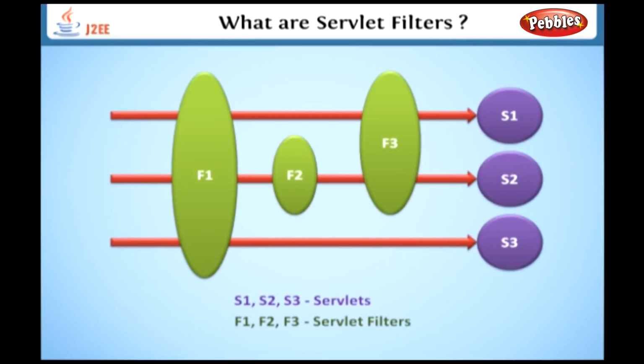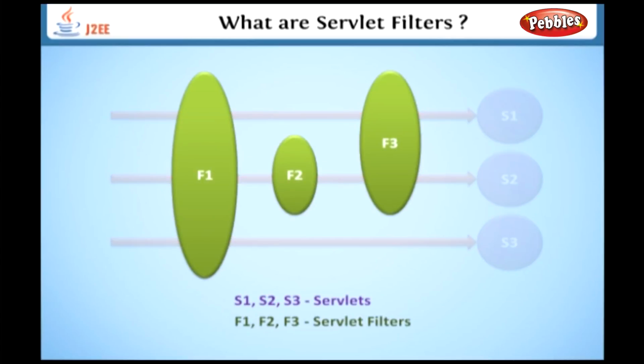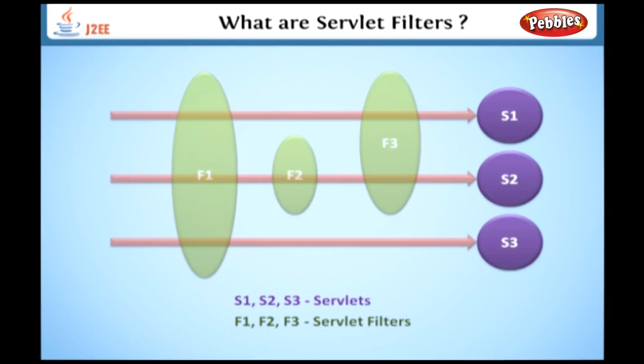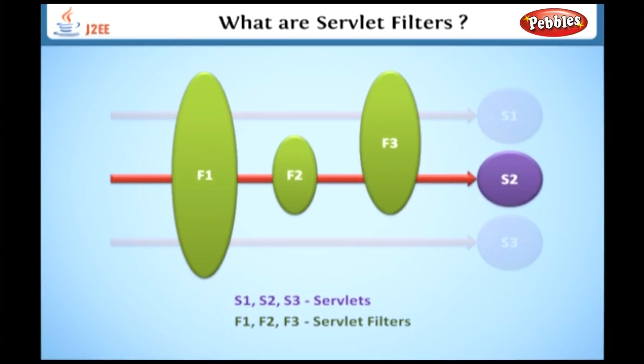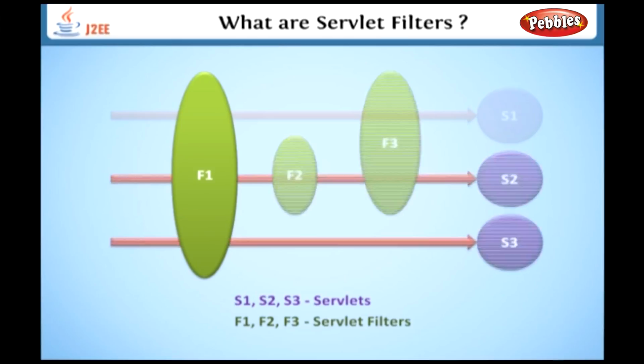This diagram shows the filters F1, F2 and F3, and the servlets S1, S2 and S3. Servlet S1 is filtered by the filters F1 and F3. Servlet S2 is filtered by all the filters, and servlet S3 by the filter F1 alone.